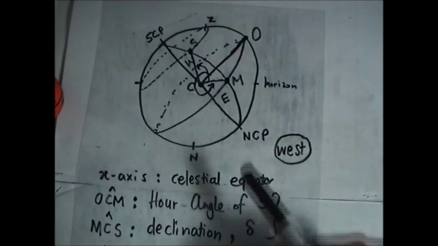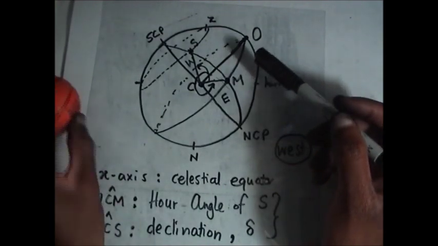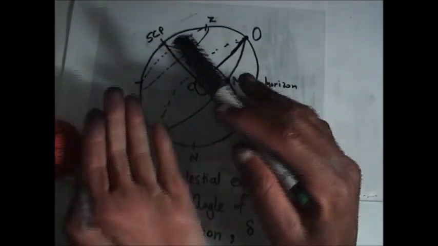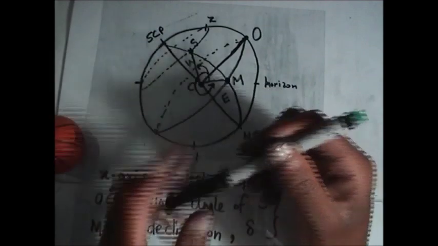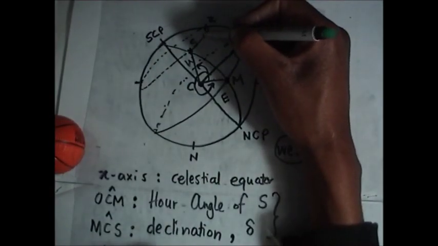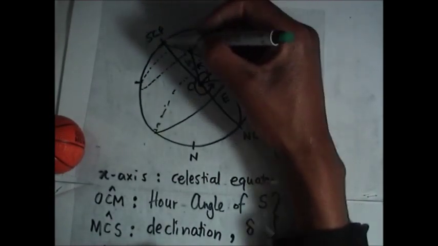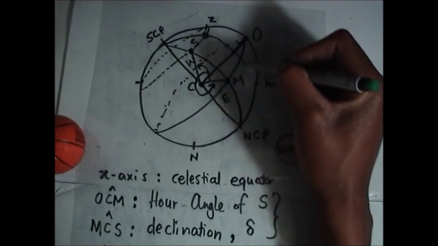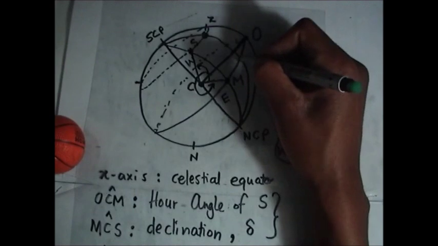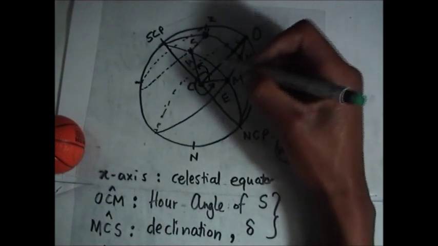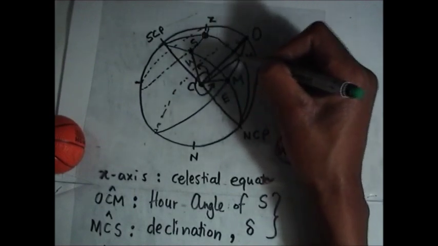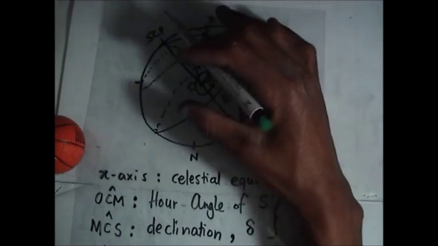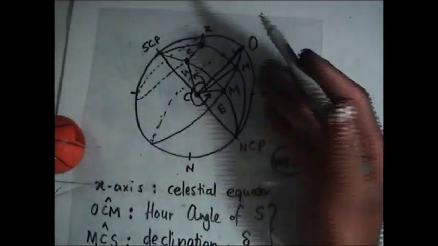But can you see something that is happening now? When the celestial sphere rotates, imagine now the star is here. If the star is now there, we are going to draw our circle like that. And now our M is now there, which means our angle OCM has increased as the celestial sphere rotated.